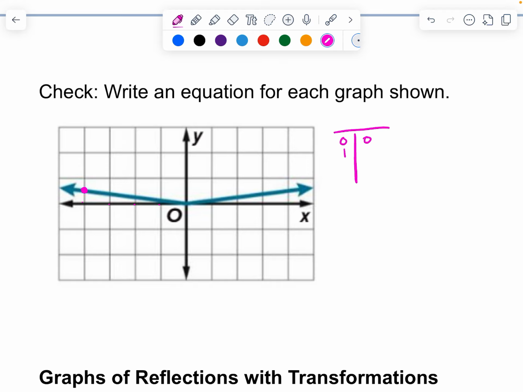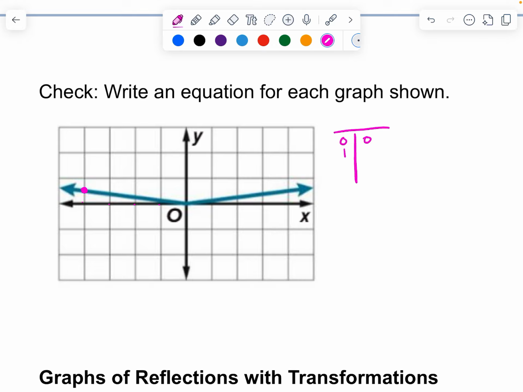Okay. Now, when we do this, we can actually decide whether or not we want to do it on the x or on the y. It would be the same, but you have to look at what you are given.